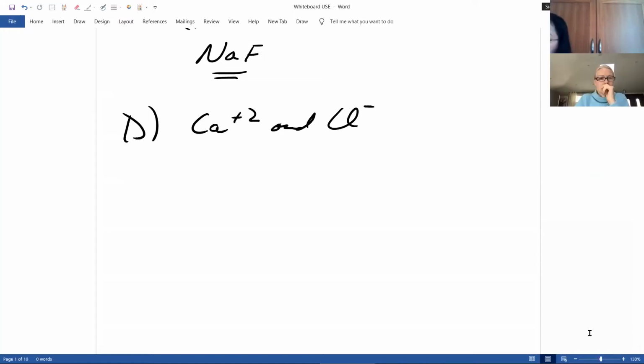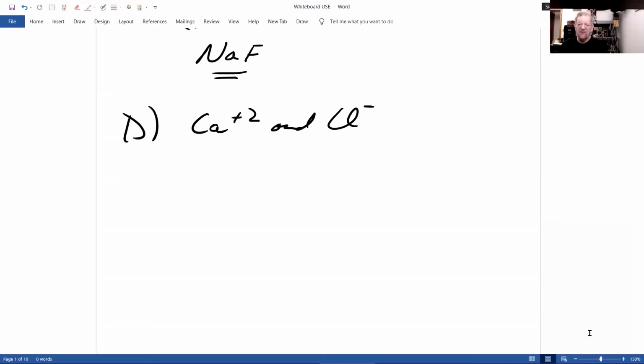Everybody done? I think so. All right, let's take a look at this. What molecules form when you have calcium +2, chloride -1? Here, this is a +2, and this is a -1.